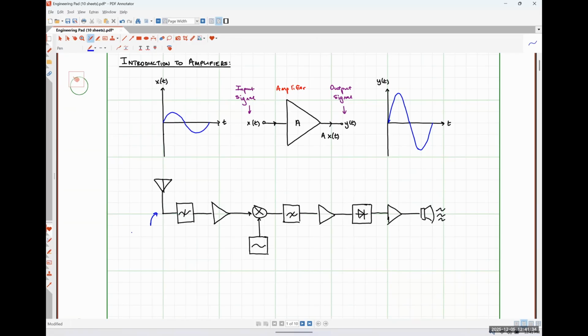So let me go through and annotate this thing really quickly. So over here on the input side, we have our antenna. Then we have our radio frequency, so that's just our RF filter. Then we have our RF amplifier. This is, again, our mixer, our local oscillator.